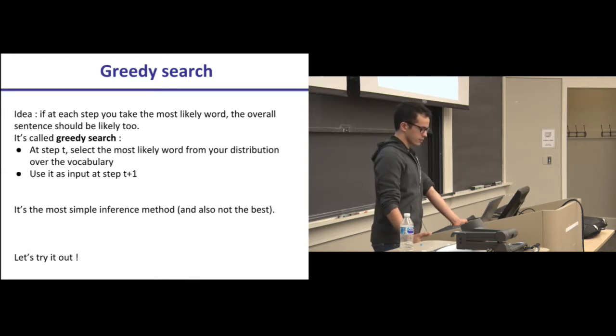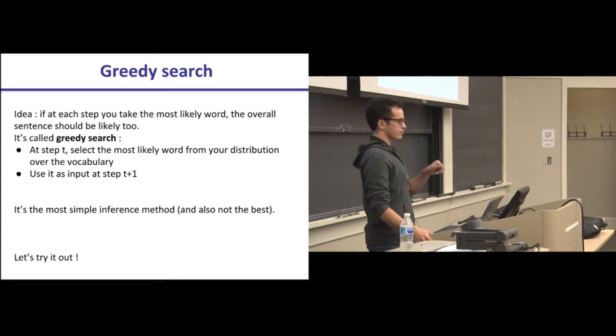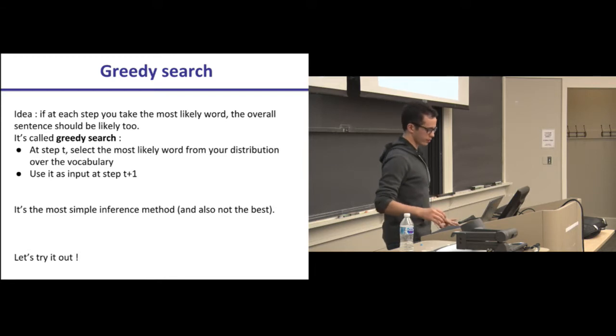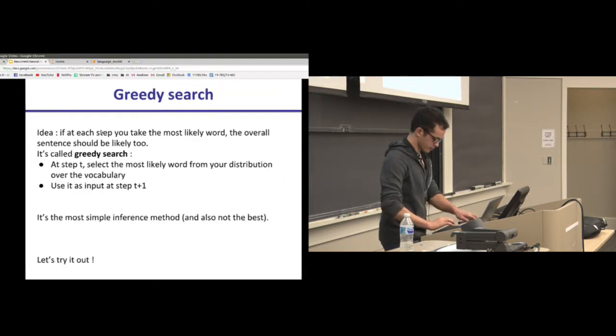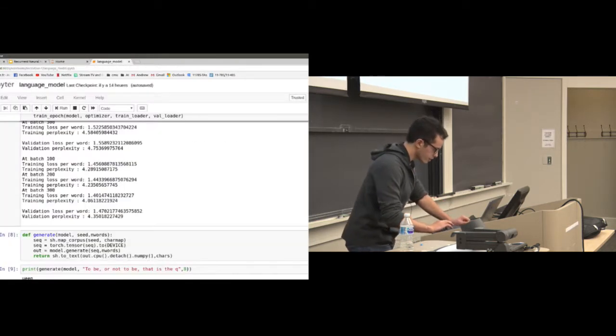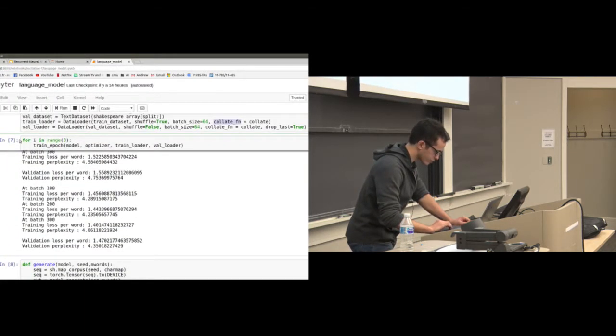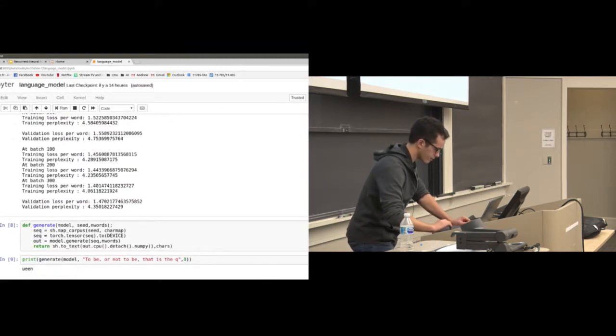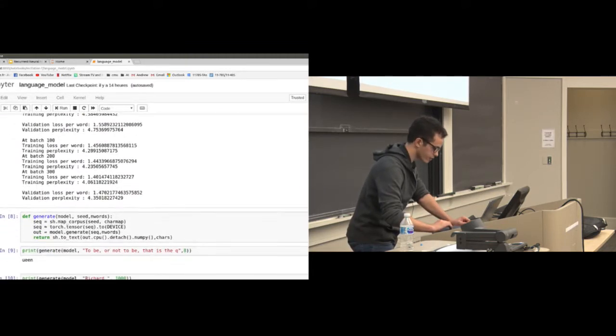It's called an inference method because inference means you use your model to actually infer an output in an approximated way. It's not very good. We're going to see right now that it's not very good. I didn't retrain everything. I just used what I did yesterday evening, but you can do that by yourself.